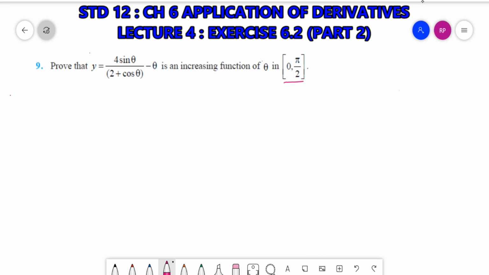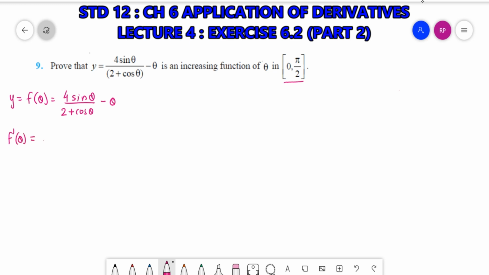Okay, so now let's take y equal to f of theta, because the function given is in theta. That is equal to 4 sin theta upon 2 plus cos theta minus theta. Okay, so now differentiating it, I will get f dash theta.